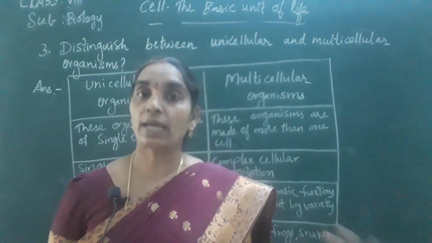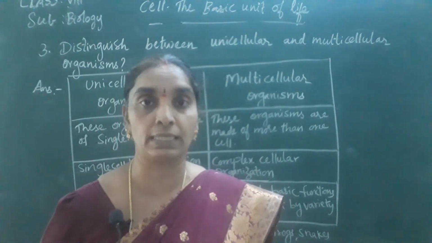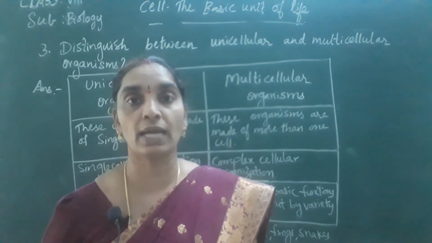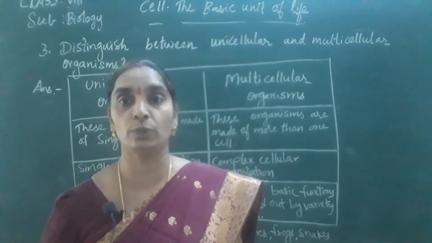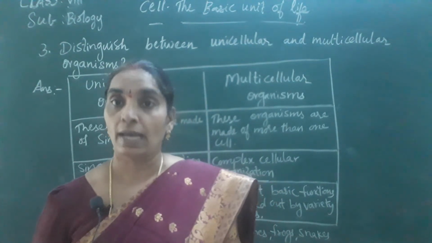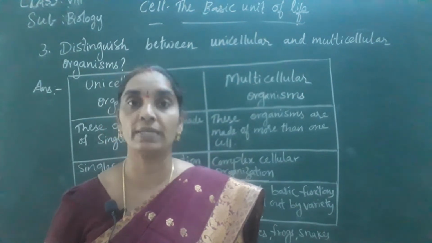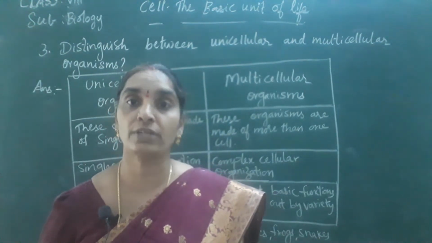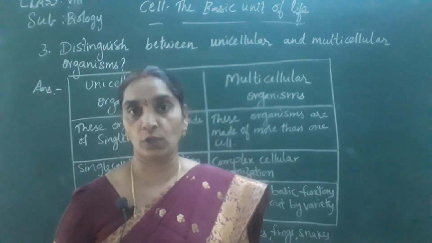Okay, children. As you know very well, the unicellular organisms are bacteria, amoeba and chlamydomonas. In multicellular organisms, in plants also you find numerous cells, and in animals such as fish, frog, human, snakes, etc. They contain numerous cells, and the specific functions are performed by different cells in their body.